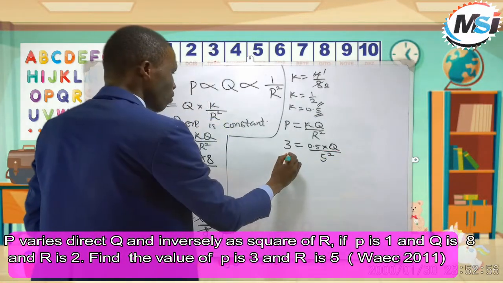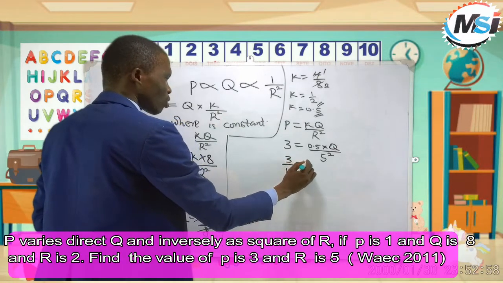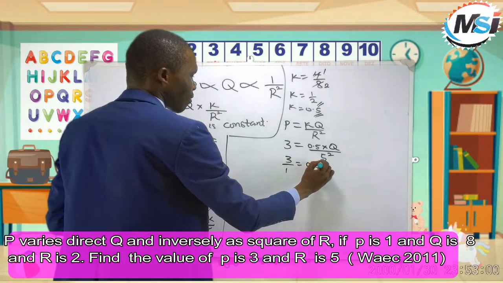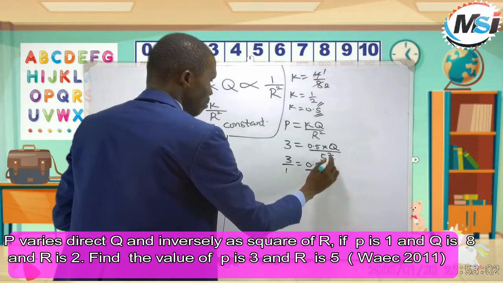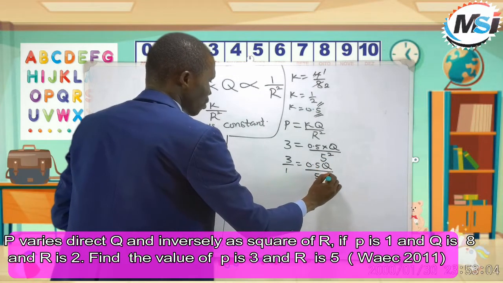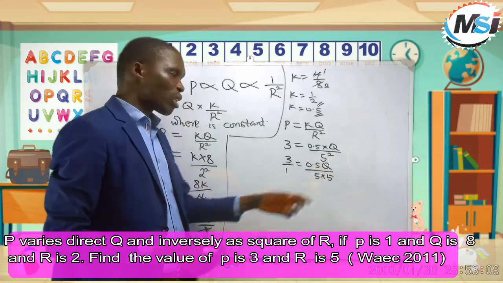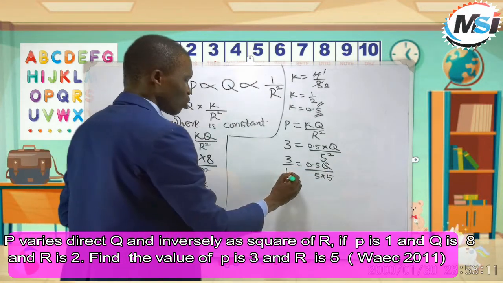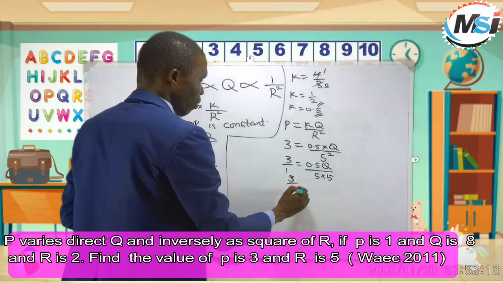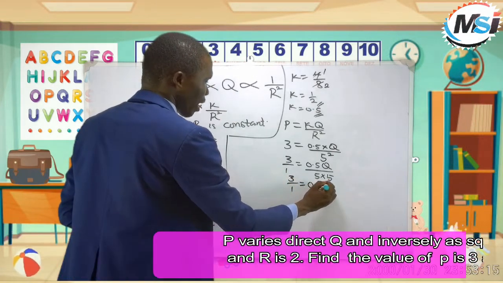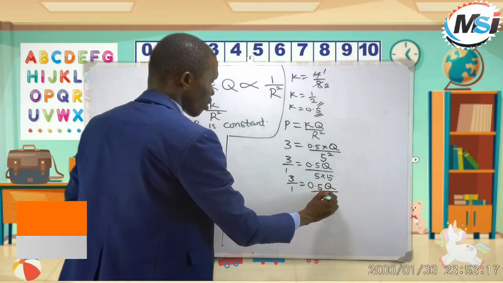Now this will give us 3 all over 1 equals 0.5Q divided by 5 times 5. Remember, this is not 5 times 2, this is 5 squared, which is 5 times 5. So this will give us 3 divided by 1 equals 0.5Q divided by 25.